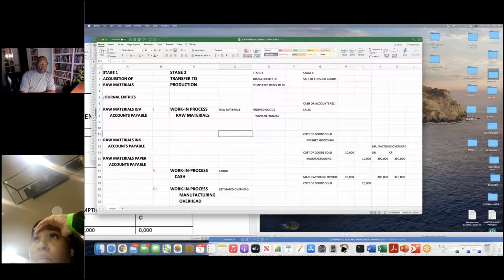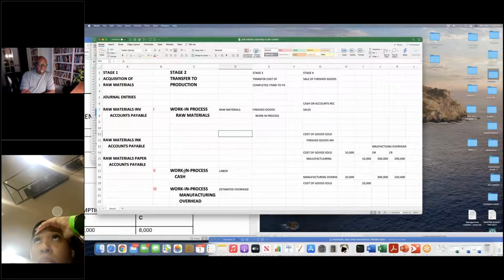So we'd have one of these entries for raw materials, ink, another one for raw materials, paper. And what you're going to see in stage 2, we debit work in process each time. So we debit work in process for the raw materials, ink and paper, and there's 2, so there'd be 2 entries. If we had 3 raw materials, it'd be 3 entries.